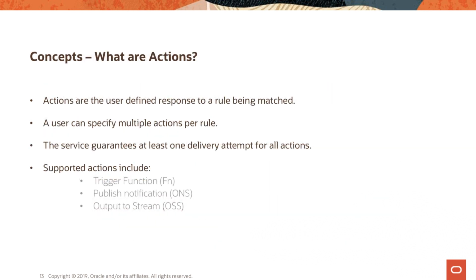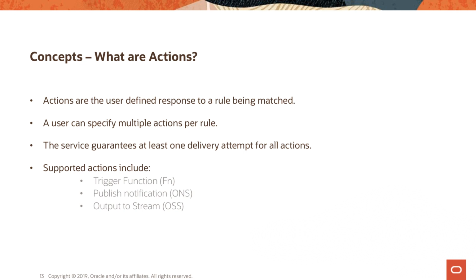As we discussed, rules also specify an action to trigger when the filter finds a matching event. Actions essentially are responses you define for event matches. You can have multiple actions per rule. There is a defined set of actions that customers can choose from to execute.